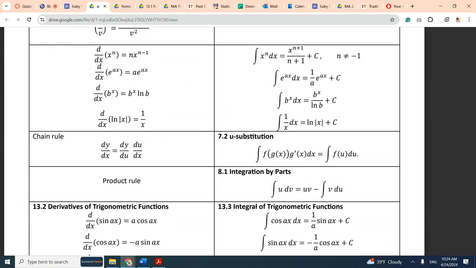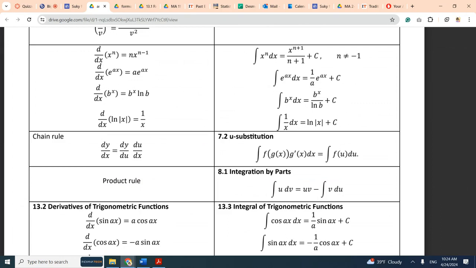Integration by parts only works for two types of functions. They are x to the power a times e to the bx, or x to the power a times ln bx. We only learned those two types. Remember, everybody? That's the integration by parts.